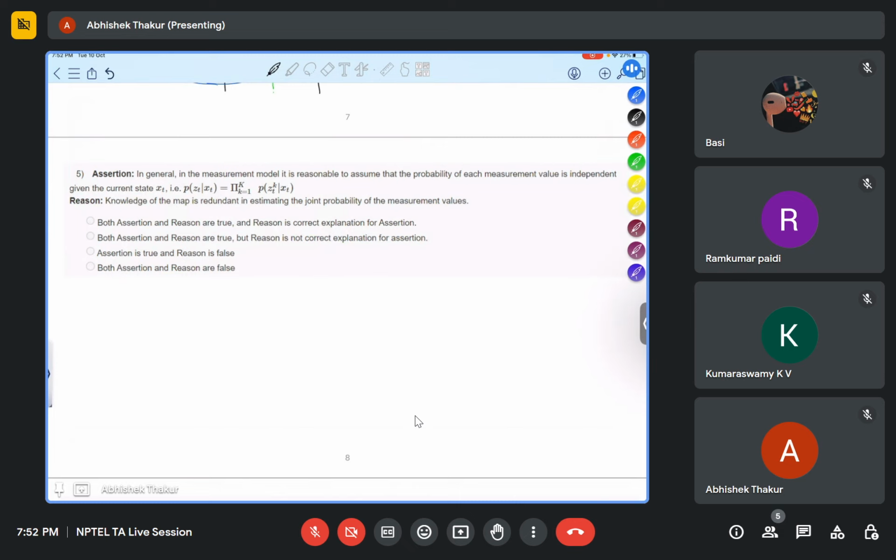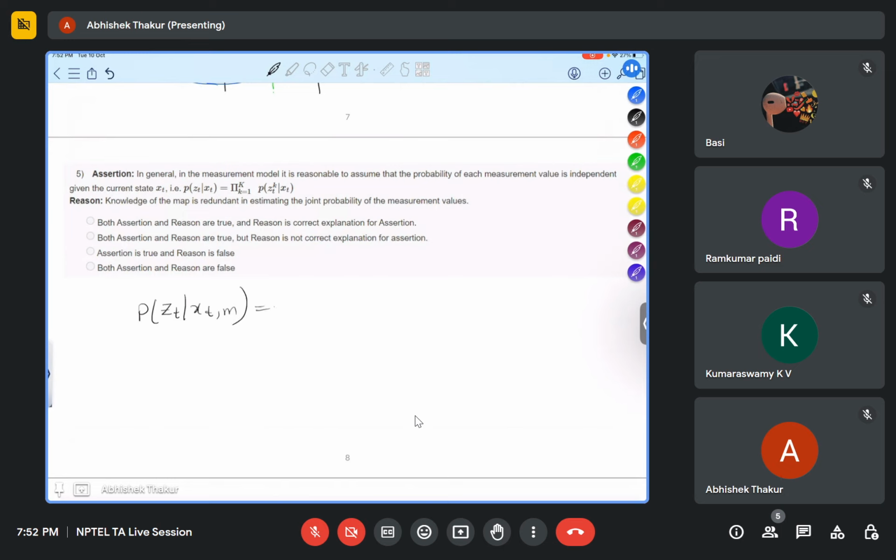So when the map and the current state should be known, it is given as probability of z_t^k such that x_t comma map.